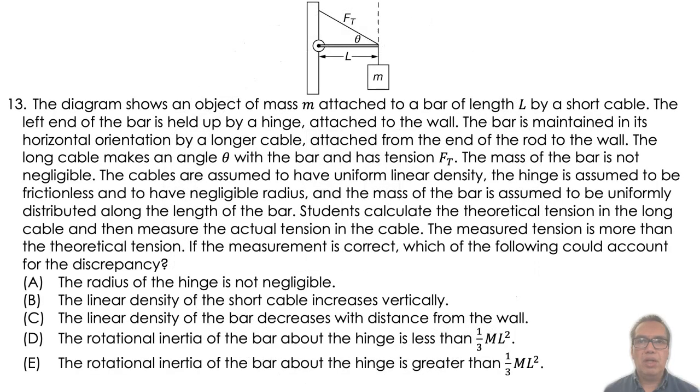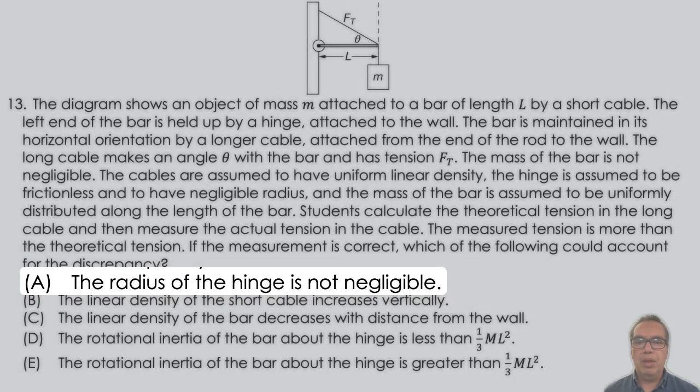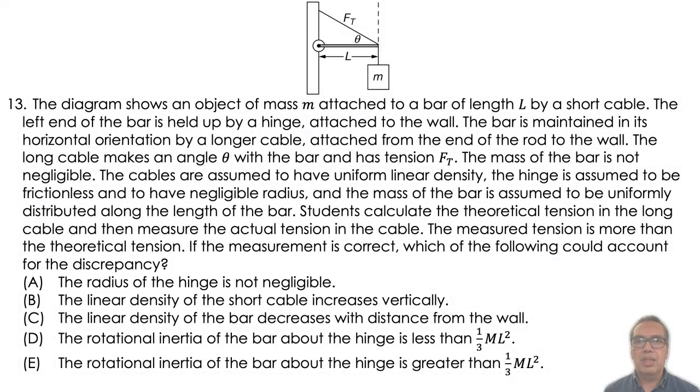If we go down the options given, we are going to conclude that in the first case, the radius of the hinge is irrelevant to a static equilibrium problem. Since the bar is not rotating, the hinge can very well be considered of negligible radius.